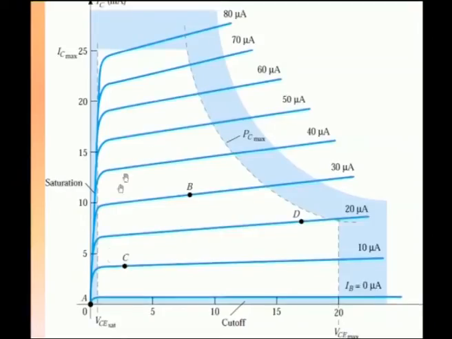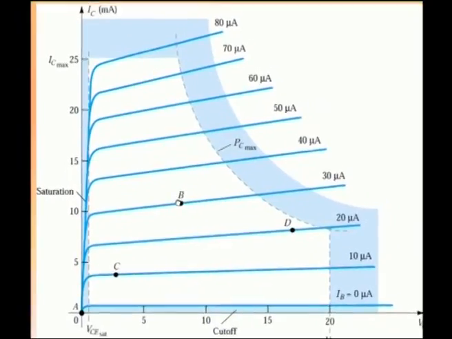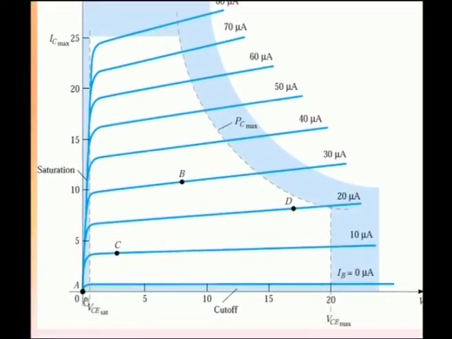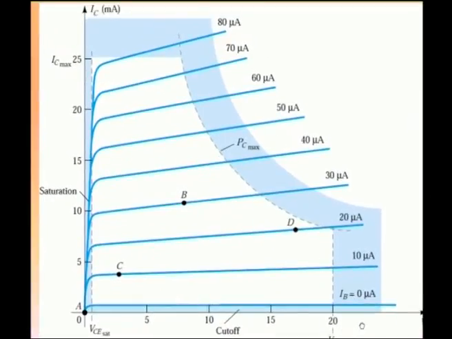So, this is the output characteristics of an amplifier. On the x axis it is plotted for VCE, that is the output voltage, and on the y axis it is the output current in milliamps, the collector current.